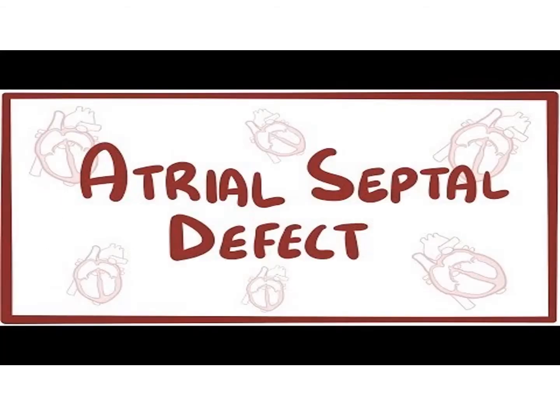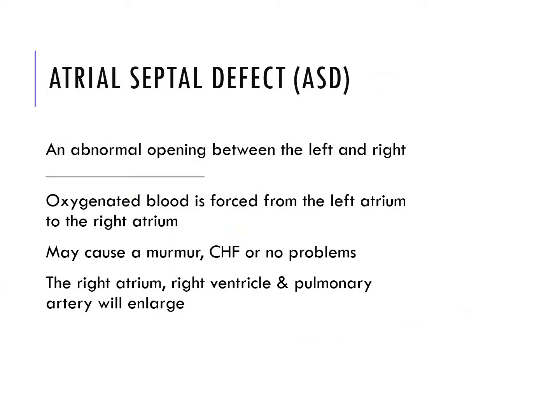Atrial septal defect, or ASD, also has an increased pulmonary blood flow. With atrial septal defect, there is an abnormal opening between the left and right atrium. Oxygenated blood is forced from the left atrium to the right atrium.